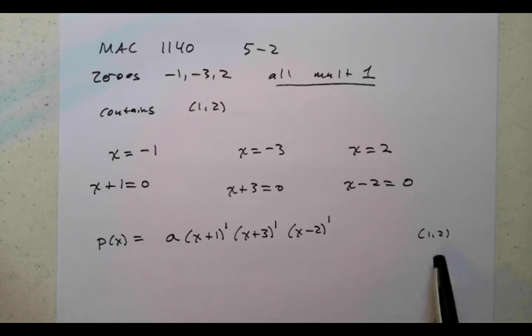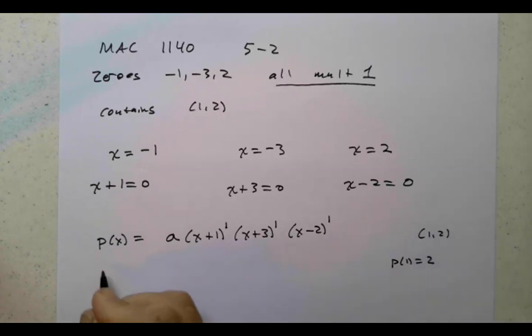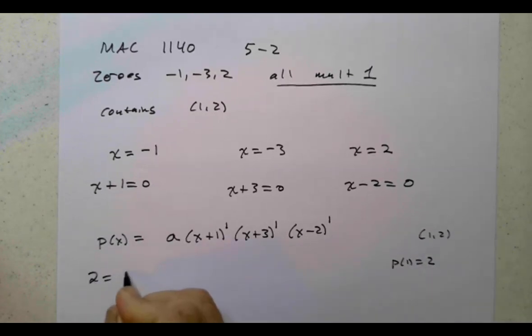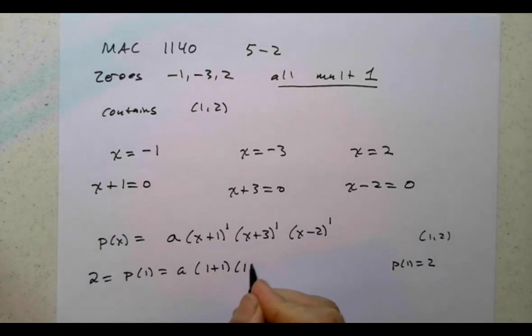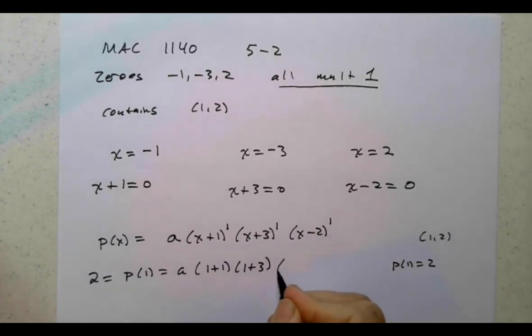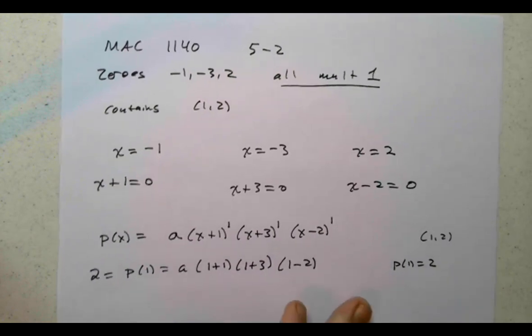So we're back here. If it contains the point (1, 2), that means p of 1 equals 2. So 2 equals p of 1 equals a times p of 1. Replace x with 1: 1 plus 1, 1 plus 3, 1 minus 2.